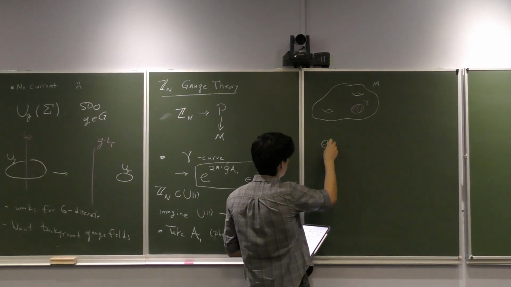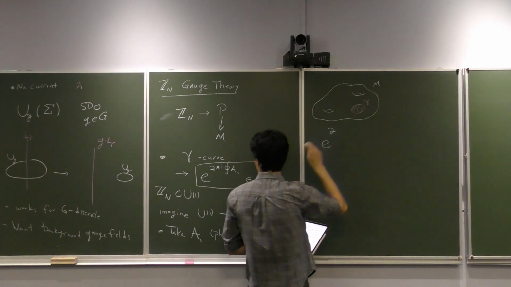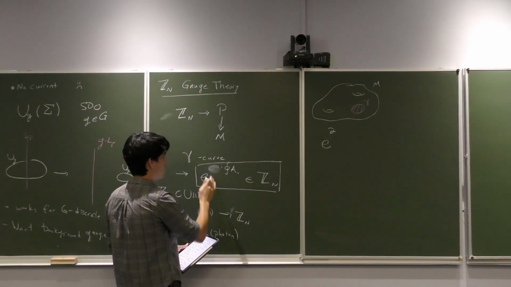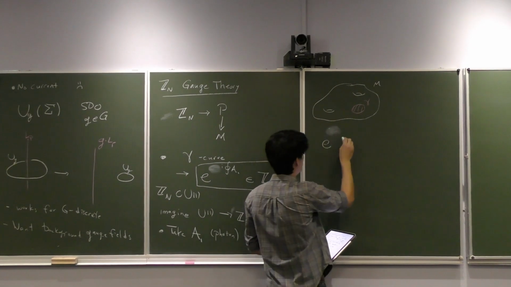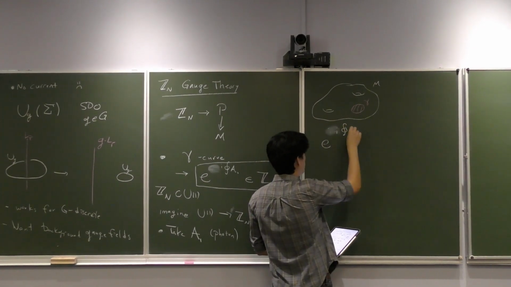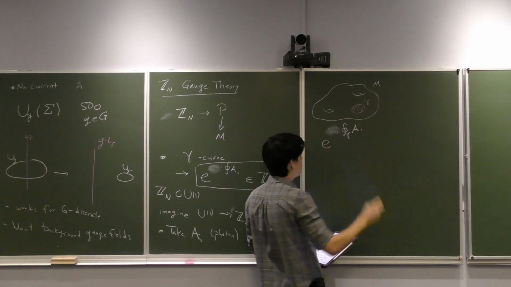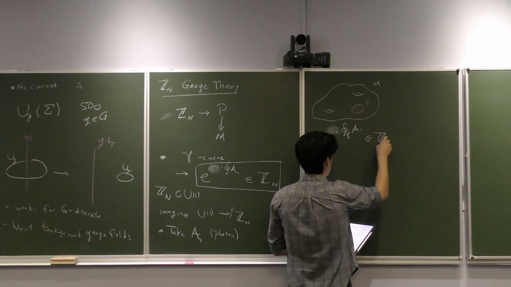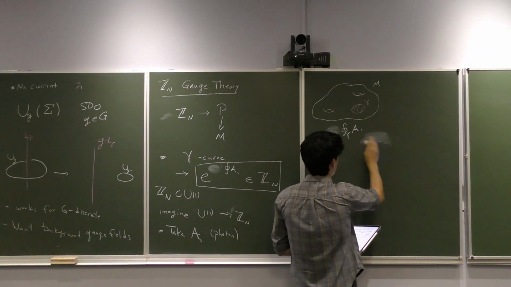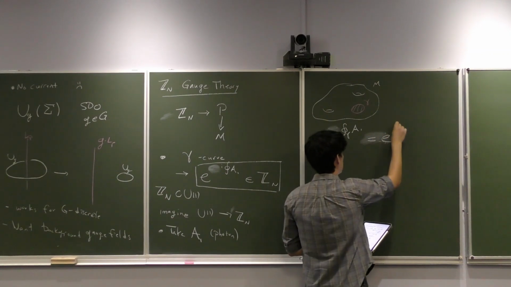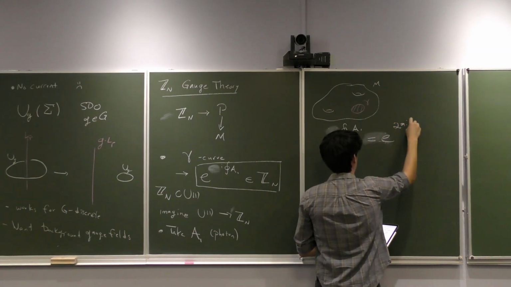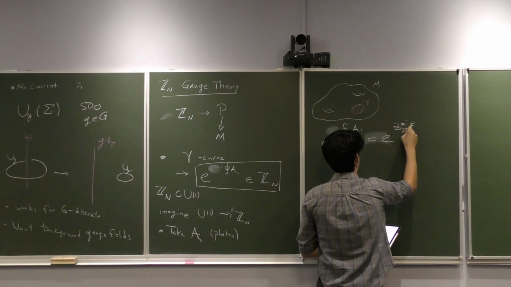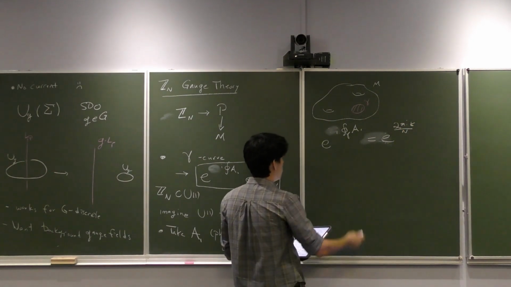So now we have this, sorry, I'm going to get rid of this 2 pi because that's the standard convention. So if we integrate A1 along this curve gamma, this is in Zn. So what I mean by that is that this is generally equal to e to the 2 pi i times integer k divided by n.